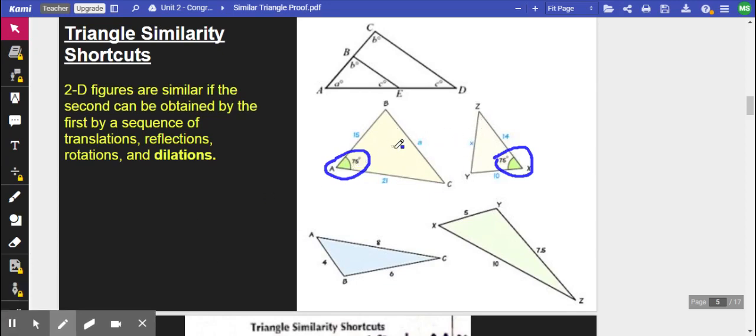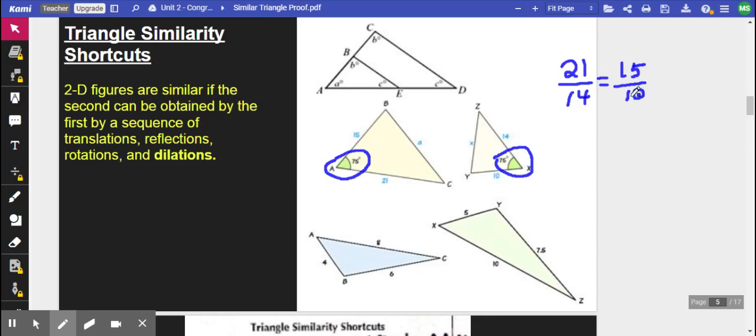And if we look at the other remaining sides, if we were to compare these together, we have a longer side of 14 and a longer side over here of 21. So if I do 21 over 14 and I set that equal to the 15 over 10, those two proportions are going to be equal to each other.